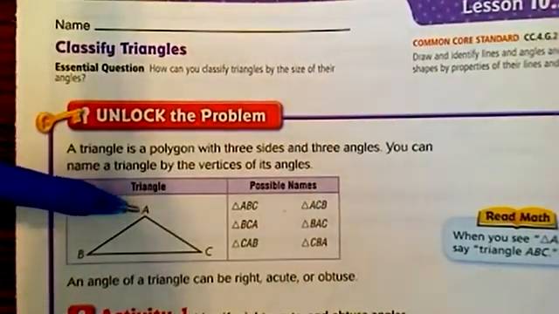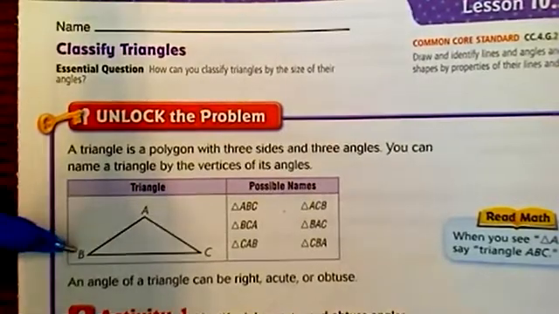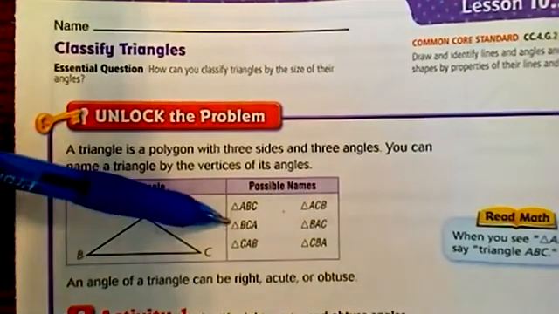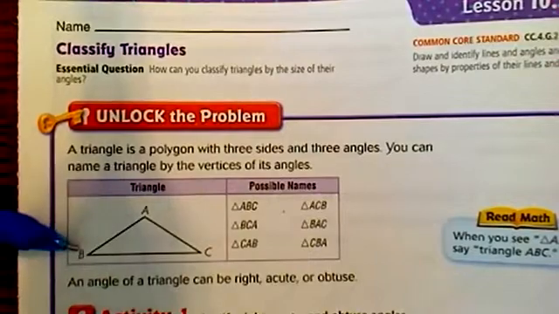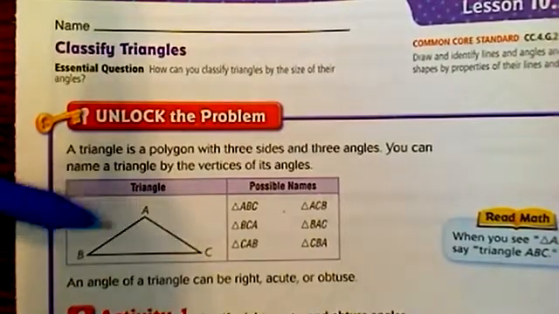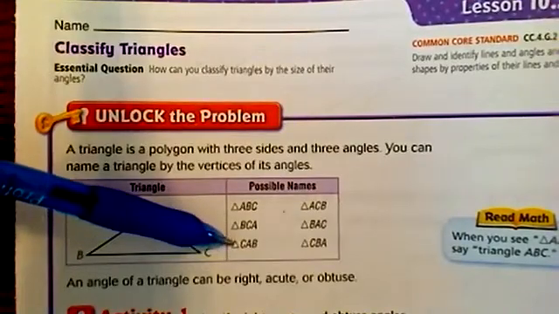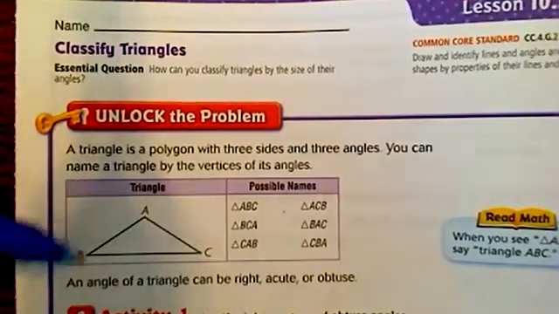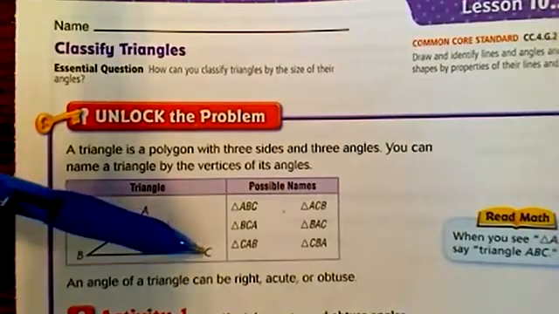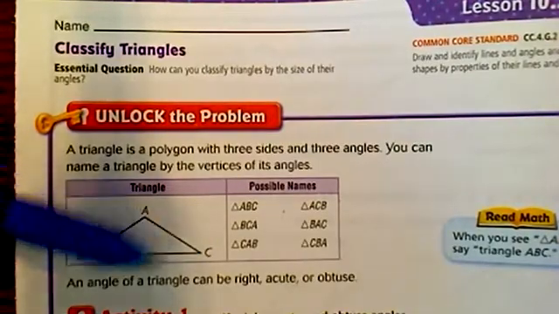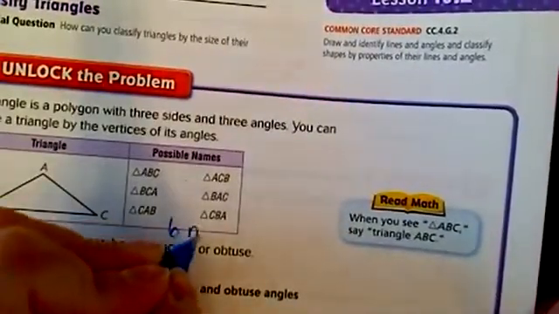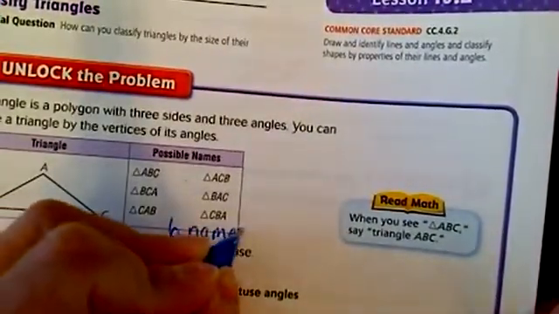In other words, going this way, ACB. It's also triangle BCA, BAC, CAB and CBA. So a triangle has 6 names.